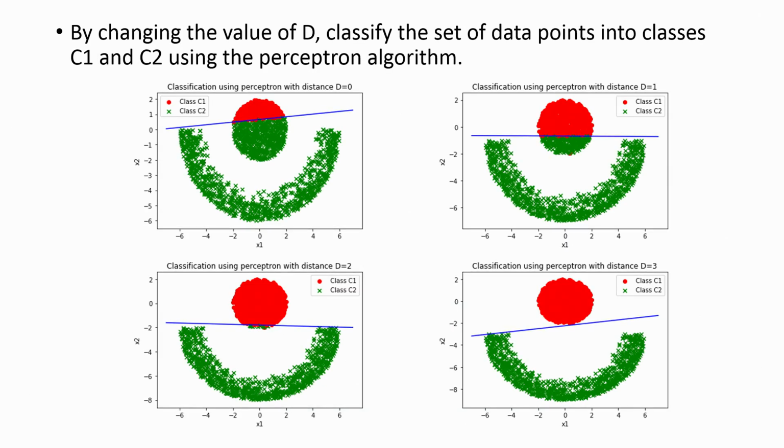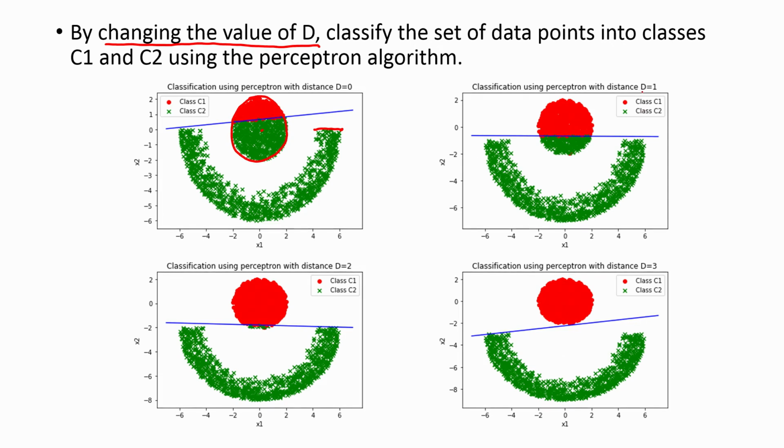First, let us consider what happens by changing the value of D. Here D is the separation between the center of the circle in class C1 and the starting of class C2. In the first case, when D equals 0, that is, they both are at the same level, the data is not linearly separable. Therefore, the perceptron algorithm is not able to classify the data points uniquely, that is, we are not able to classify C1 separately from C2.